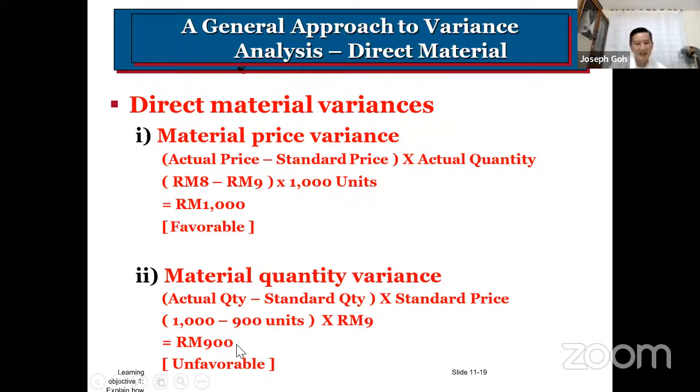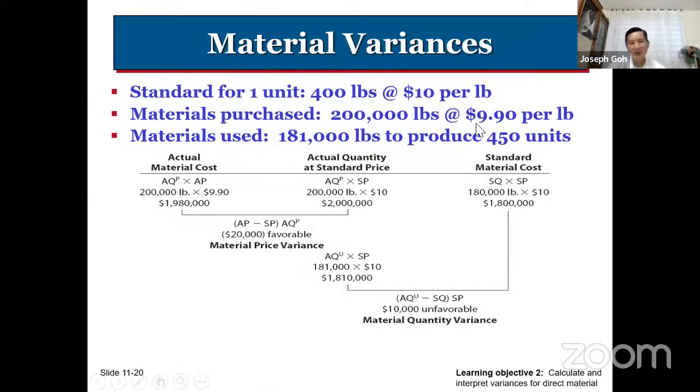Overall, in terms of the material, you save 1,000 but overspend 900, so you still save 100. We go through a few examples to make sure you get familiar, so when you attend this assignment, you can easily get it done.